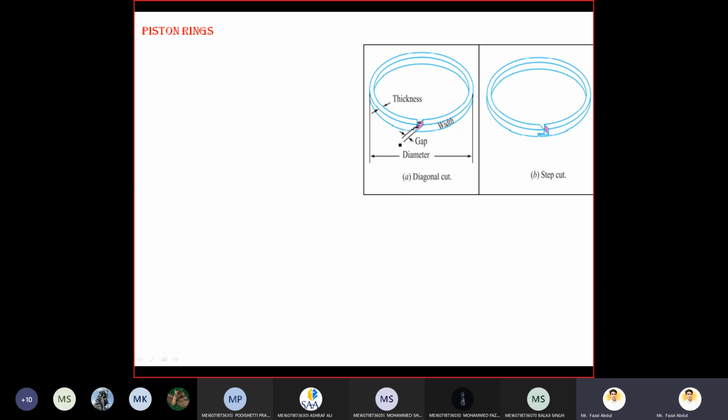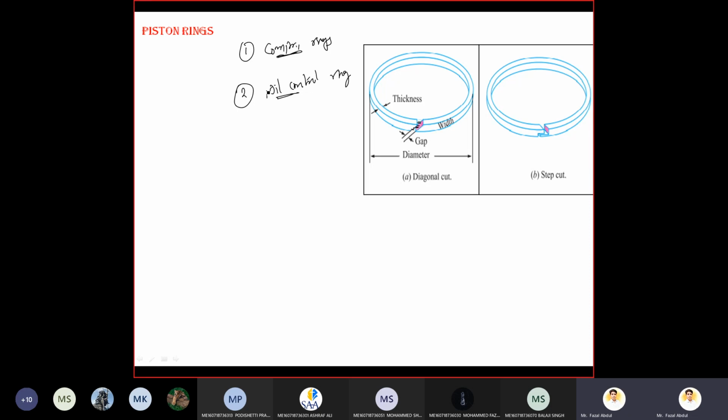Okay. Now, total how many types of rings are going to be used here? I already explained. First one is the compression rings, second one is the oil control rings. Compression rings provide the better compression ratio. Oil control means controlling the oil, not providing excess and not providing too little.